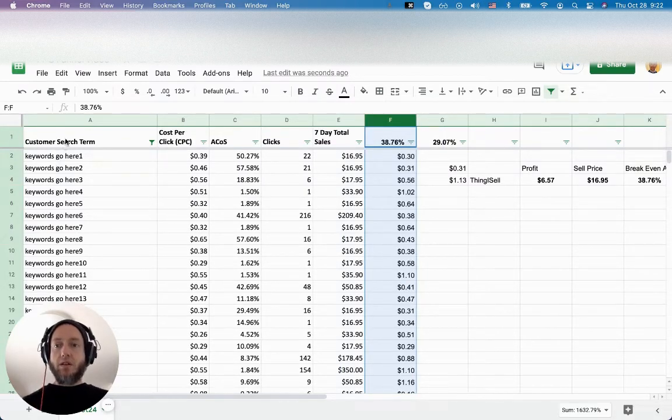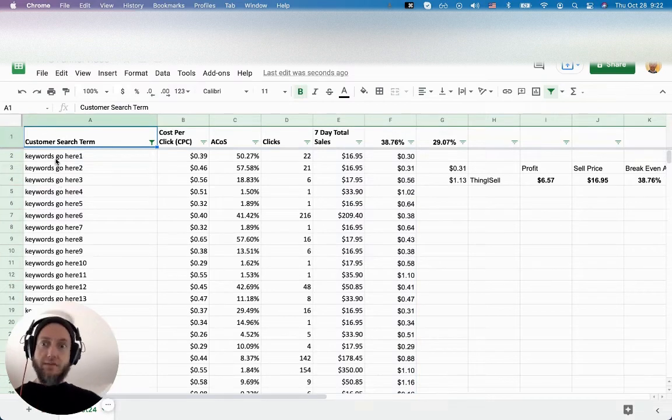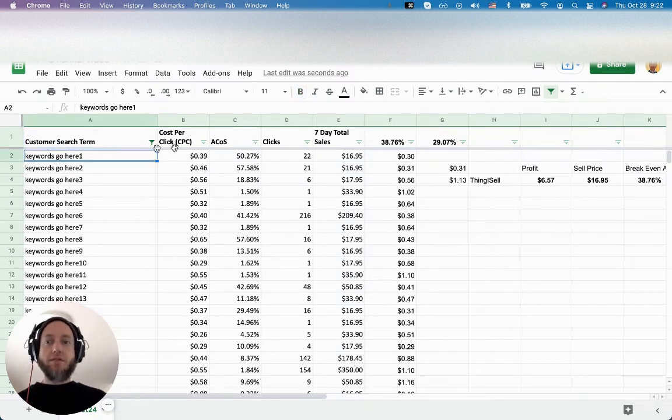Okay, so you want the customer search terms, the cost per click, the ACOS, the clicks, and the 7-day total sales. Those are the five that you need. The identity of these keywords has been altered to protect their privacy.